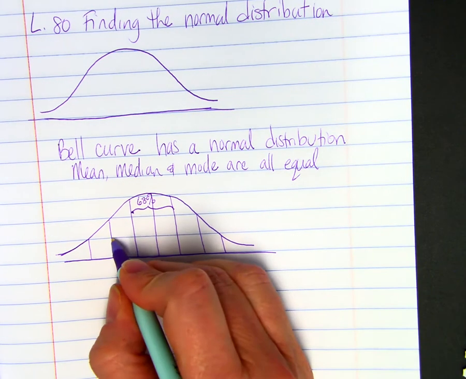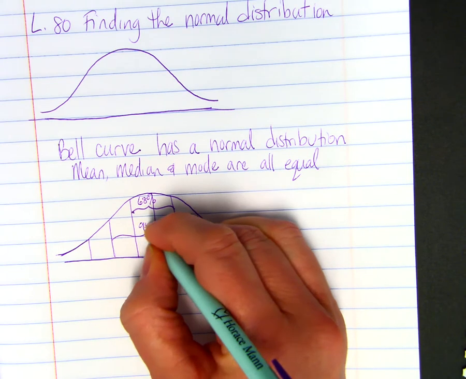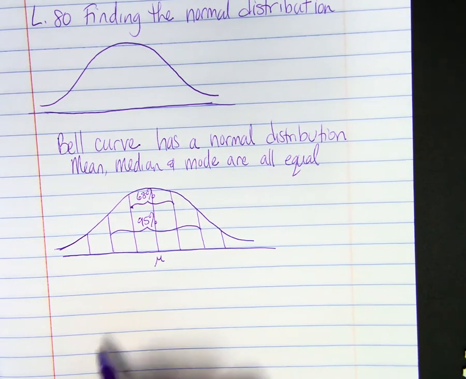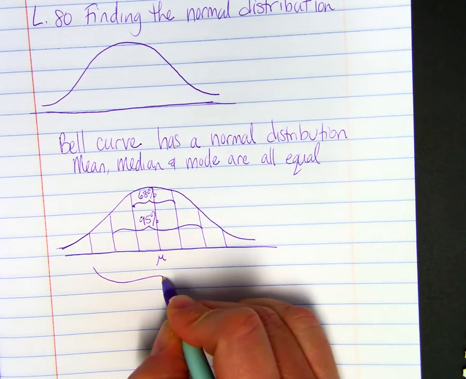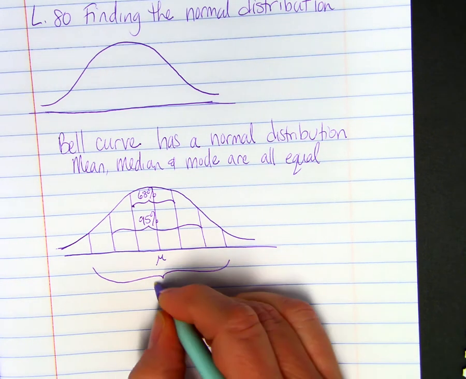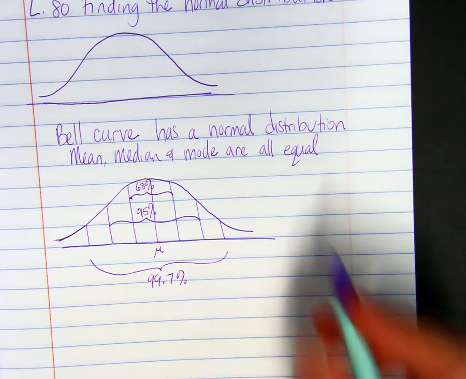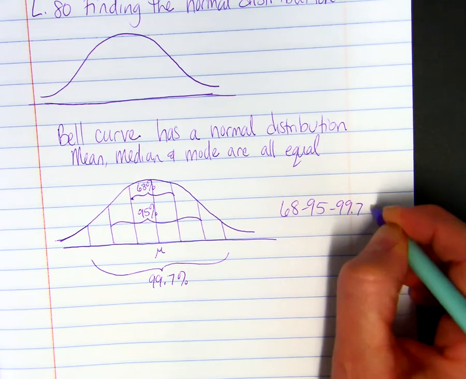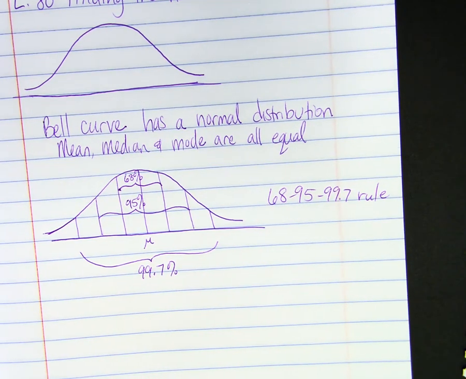If you do two standard deviations above and below, 95% of all the data falls between those two standard deviations. And the last one, 3 standard deviations, 99.7% of all the data falls between there. So this is called the 68, 95, 99.7 rule. Kind of just rolls right off the tongue.